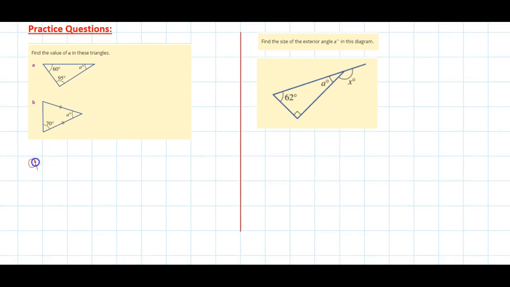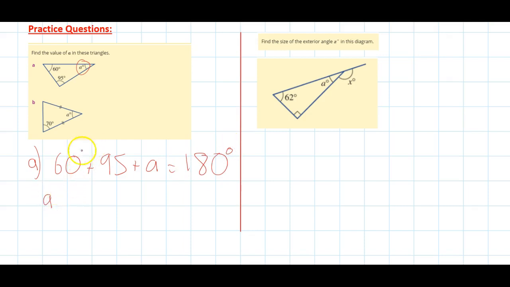We're going to go with question A, where we need to find the value of A in this triangle. We know that A, B, and C will equal 180. I have two angles that I know, so it's 60 plus 95 plus A, which we don't know, equals 180 degrees. We can use a bit of algebra here.